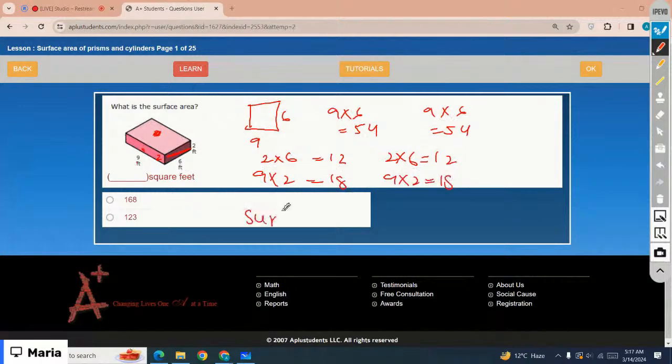So for the surface area you have to add all the areas: 18 plus 18 plus 12 plus 12 plus 54 and plus 54, right? So let me add them.